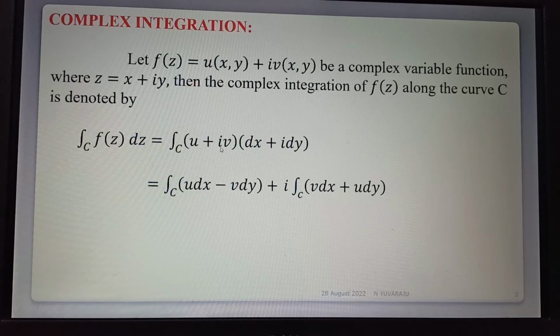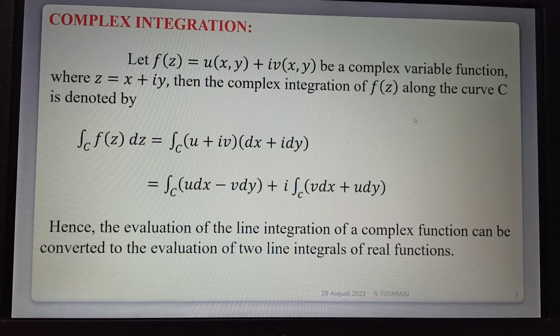So i is common: u into i dy plus iv into dx, with i common, v dx plus u dy. So that is equal to the complex variable integration.